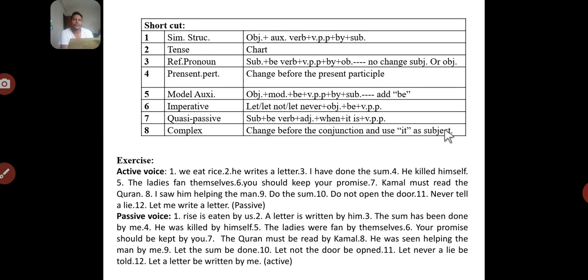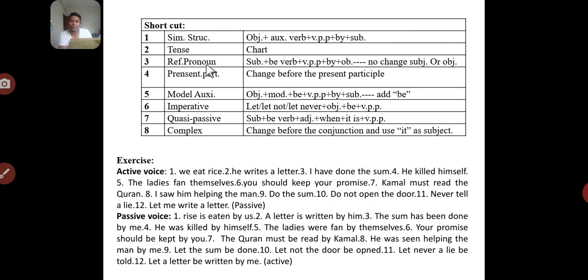And dear listeners, there is some shortcut that will be helpful for you to remember or memorize voice. We have to follow the structure to remember. Number one is the simple structure. The main structure will be this, and the tense will be from the chart.